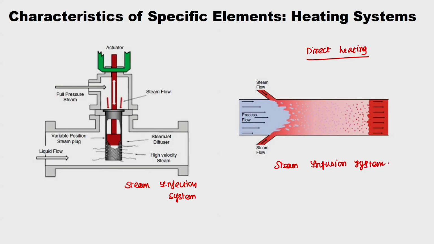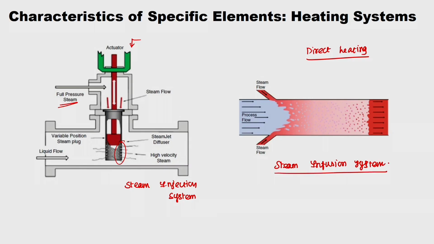Direct heating in the sense your product as well as heating medium are seeing each other directly. So in the steam injection system, this is your steam in, and this is the steam flow based on the actuator, based on the flow rate, and here you have a steam diffuser, from which steam is fed into the normal pipe where your liquid is flowing, right. So the steam is introduced into the product or injected into the product.